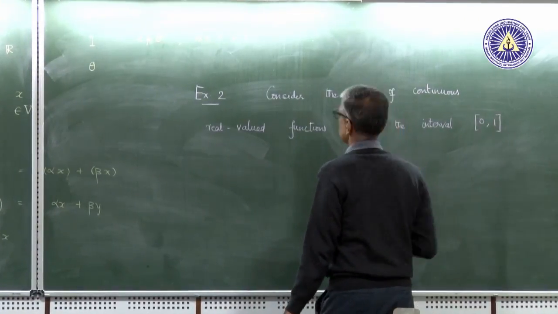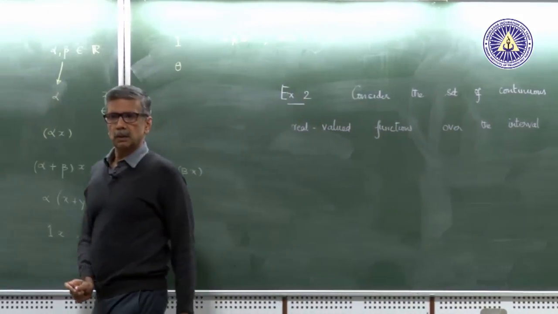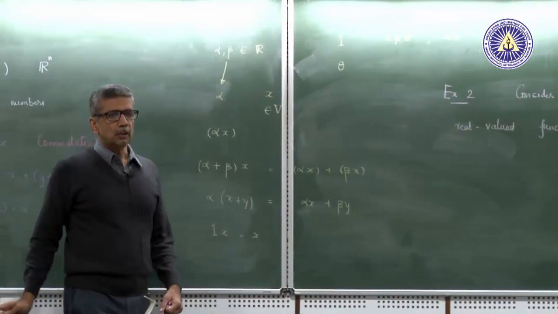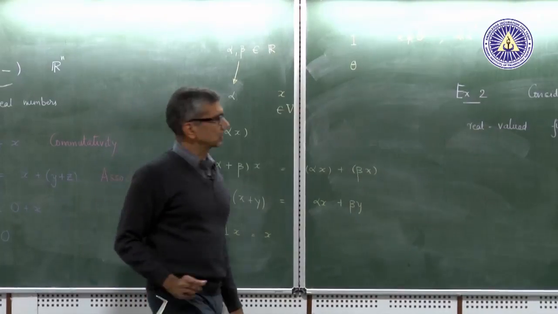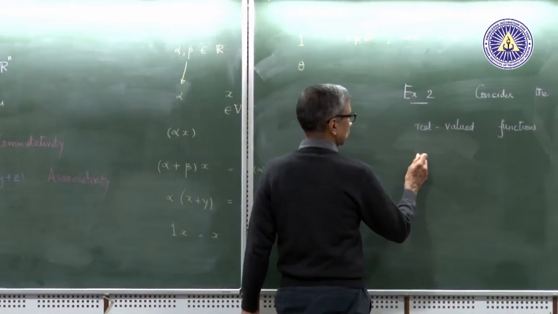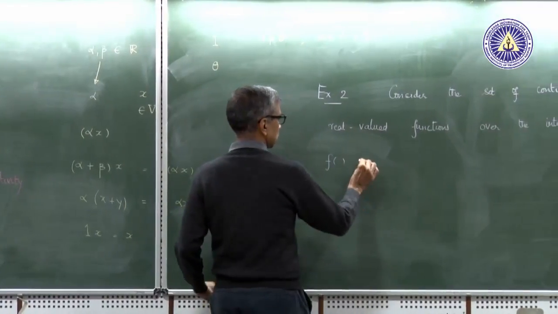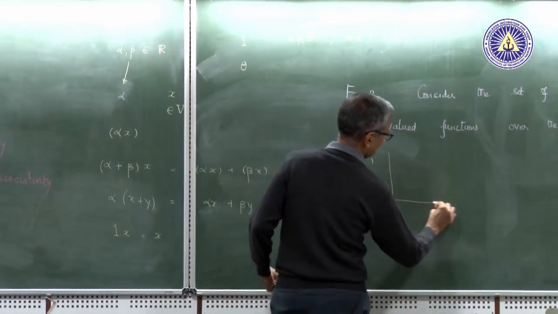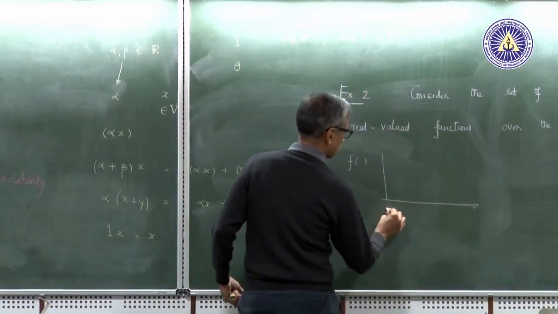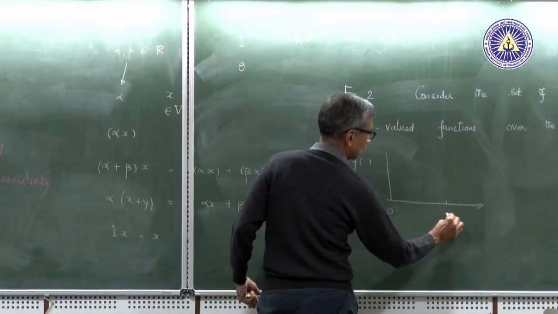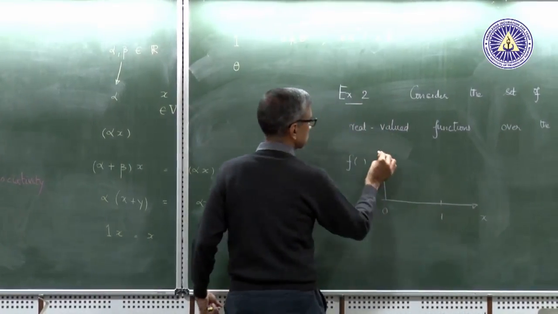Nothing special about this interval, it is just that I have chosen. So, consider the set of all real valued functions. So, let me say if I take a function f, it basically means that if I plot it over this 0, 1, this is the x argument.